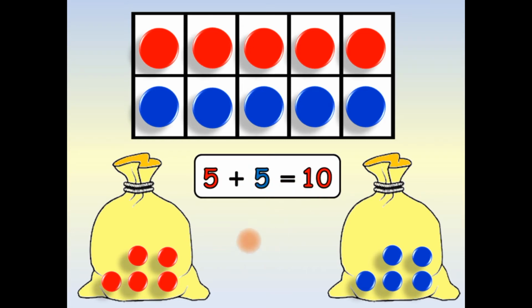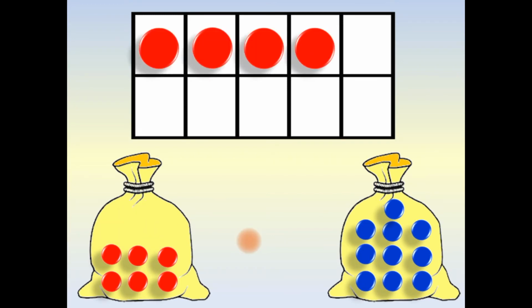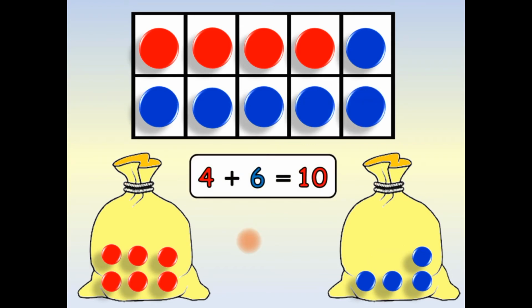We distributed 4 red phones and continued with blue phones. So there are 6 blue phones. So the equation is 4 plus 6 equals 10. 4 red phones plus 6 blue phones gives us 10.